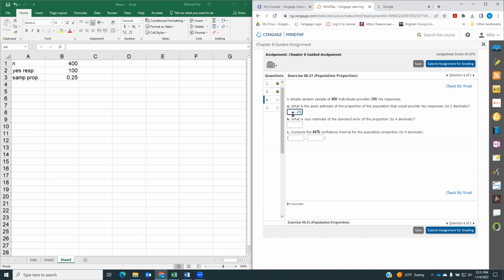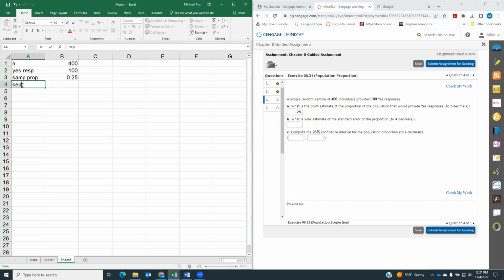So we're going to use these tools again to help us create a range or an interval where we're 95% confident in that number. So what is your estimate of the standard error of the proportion?